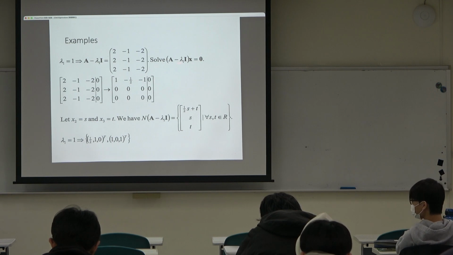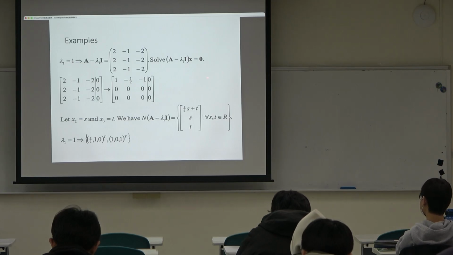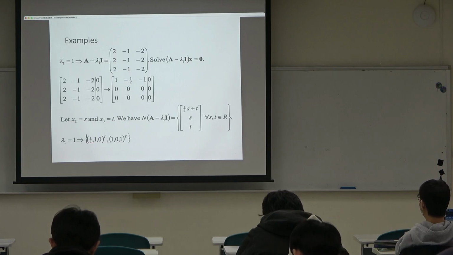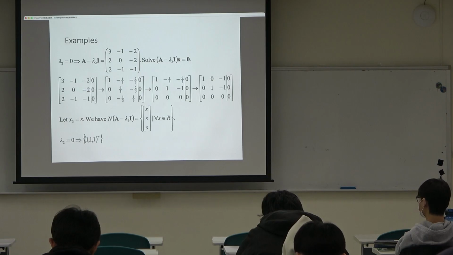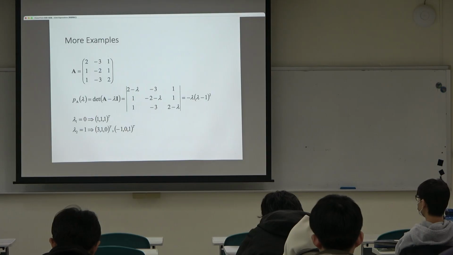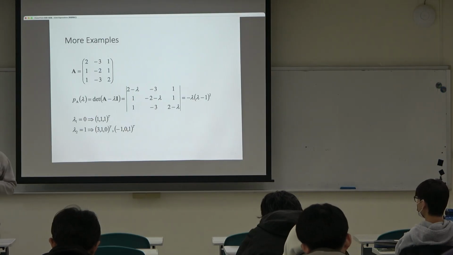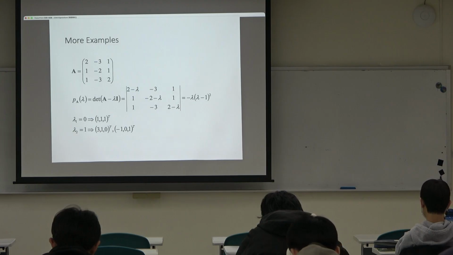So try to solve this homogeneous system of linear equations. So you get this. I think it's pretty straightforward. The other case is lambda is 0. I'll skip these slides. If you are interested, you can check them out by yourself.